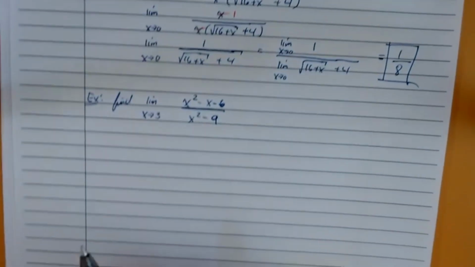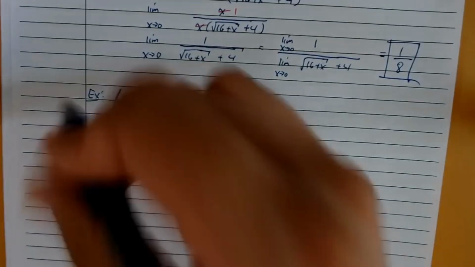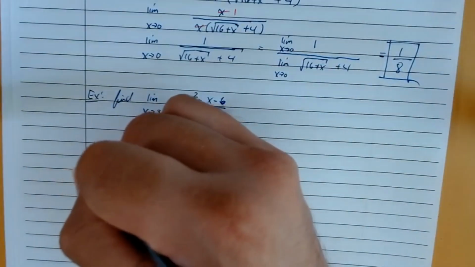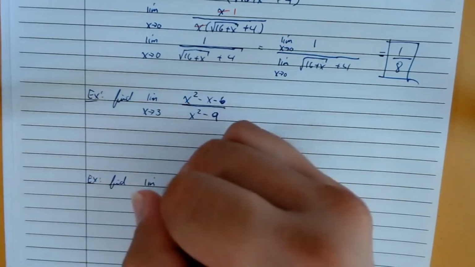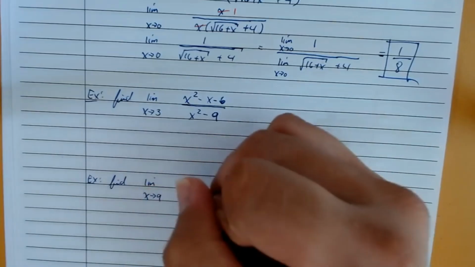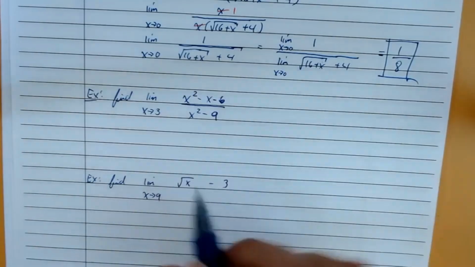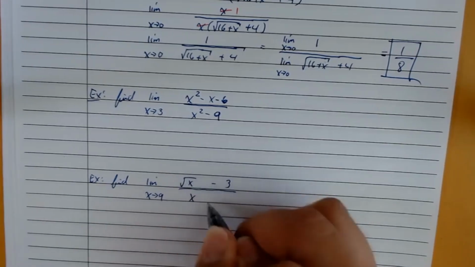And then for your other one, go ahead and find the limit as x approaches 9 of the square root of x minus 3. Notice the minus 3 is on the outside, not inside the square root, divided by x minus 9.